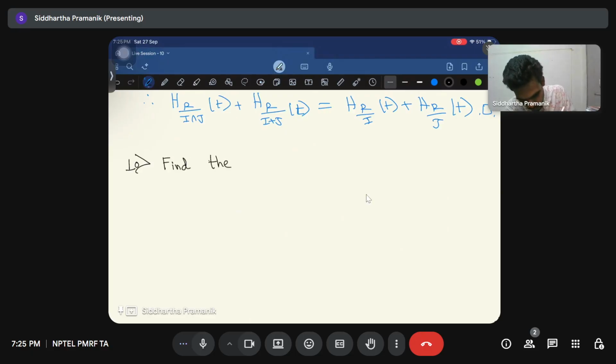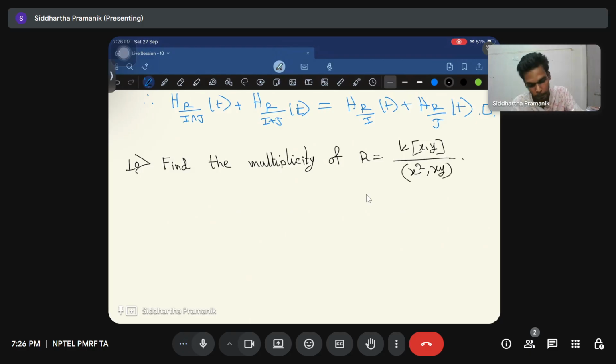Find the multiplicity of R equals k[x,y] modulo the ideal generated by x squared, xy. k[x,y] is equipped with the standard gradation where the degree of x and the degree of y is 1, and the ideal generated by x squared, xy is a graded ideal.